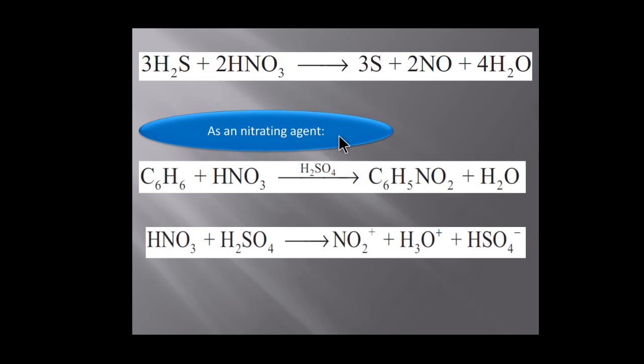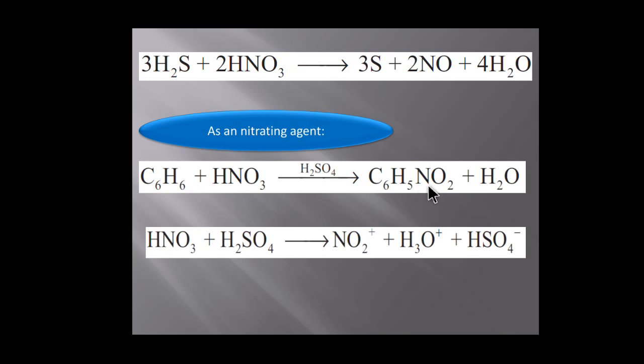Nitric acid also acts as a nitrating agent. In organic compounds, replacement of a hydrogen atom with a nitro group is often referred to as nitration. For example, benzene reacts with nitric acid in the presence of sulfuric acid to form nitrobenzene.